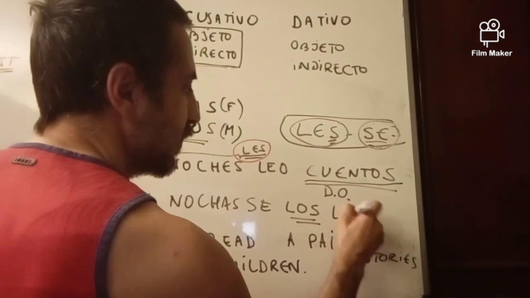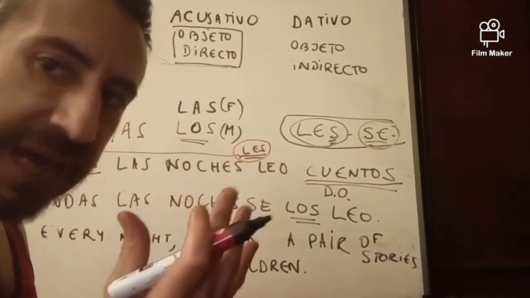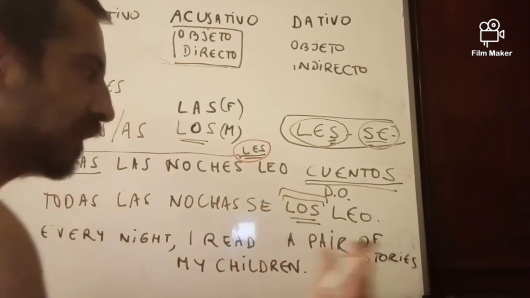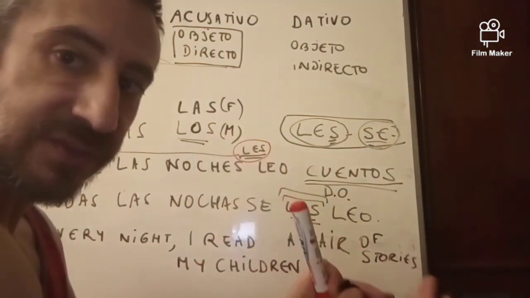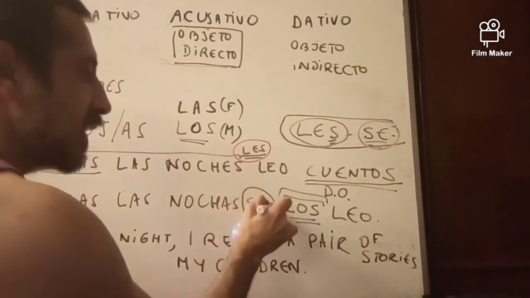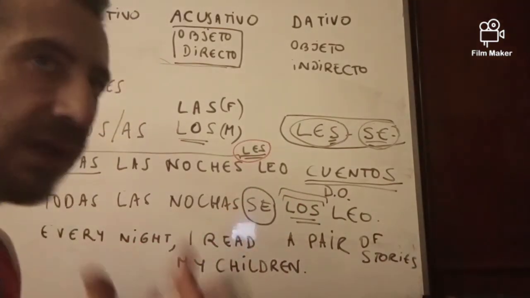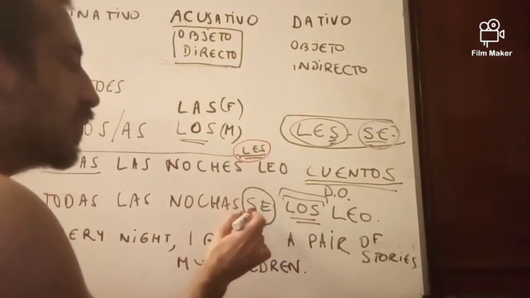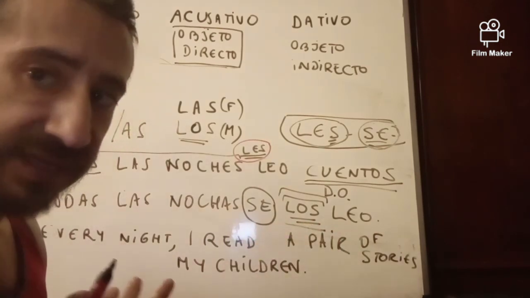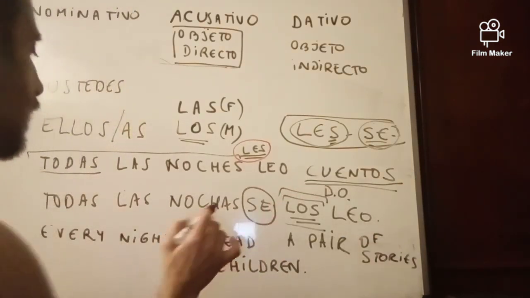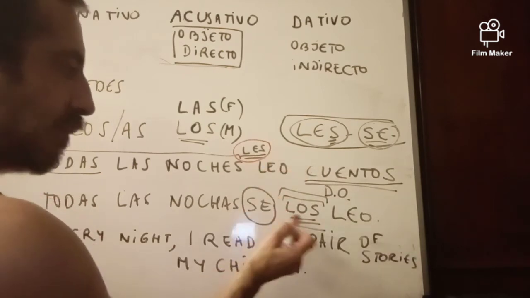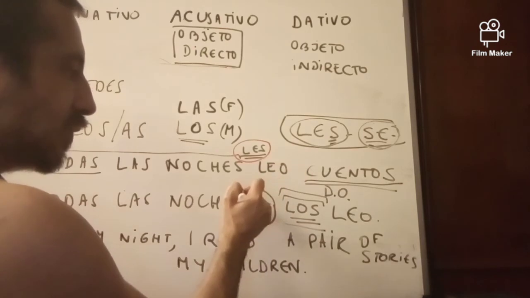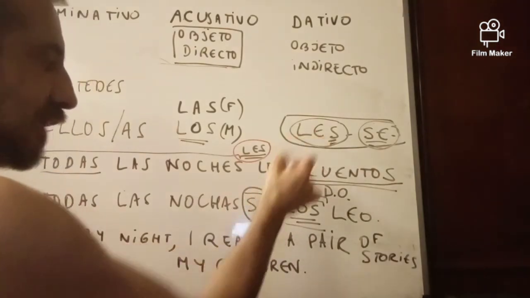Se los leo. If you keep in mind that the direct object pronoun goes just next to the verb and the indirect object pronoun goes before them, it's just that, no more than that. Remember that if you replace both nouns with pronouns, you have to do this: instead of les, se.